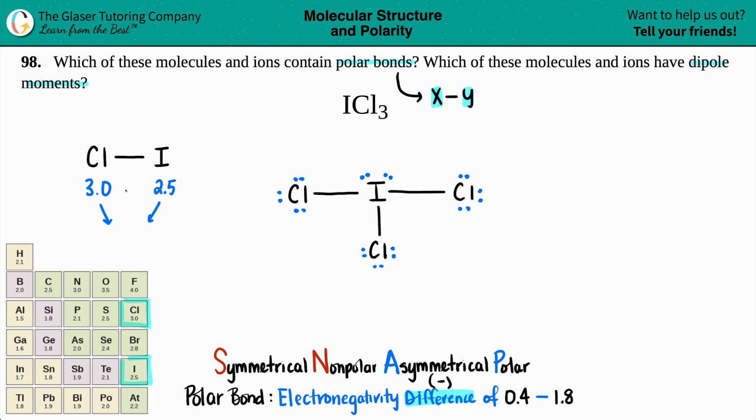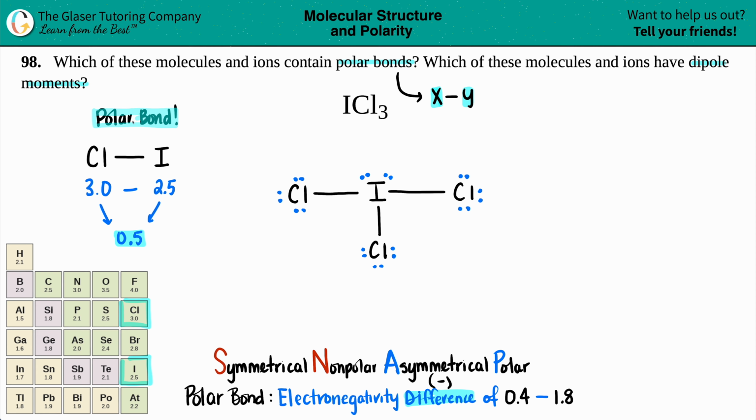So when you subtract these two, you get 0.5. And now you say, okay, does 0.5 fall into this range? Yes, it does, barely. But nonetheless, it is classified as a polar bond. So that means that the 2 electrons are a little bit closer to chlorine because chlorine is more electronegative.